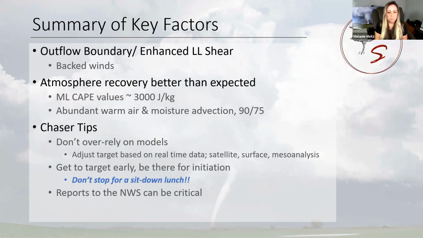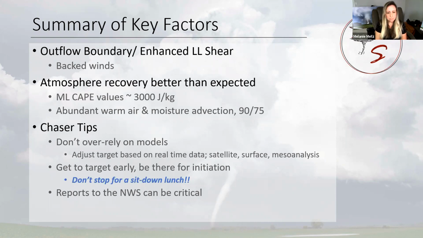All right, we are going to go into a Q&A session. Just want to mention again that if you're out there chasing or spotting, remember those reports to the National Weather Service can be very critical, like on this day, because the storm was so far from a radar site. It was hard to really analyze the radar based on where that storm was located.